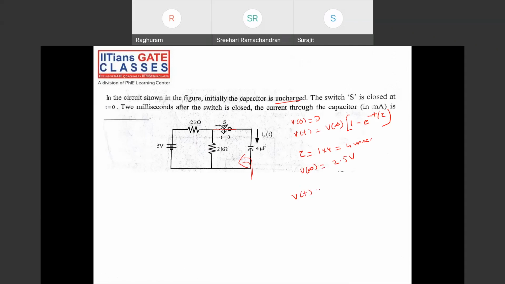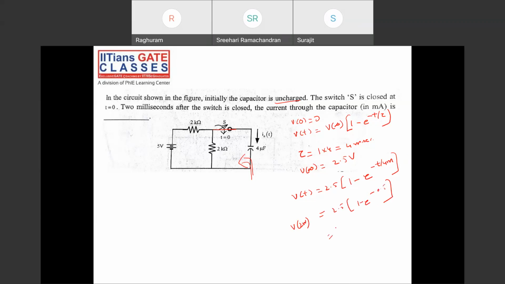So V of t will be 2.5 into 1 minus e power minus t by 4 milliseconds. t is given as 2 milliseconds. So V of 2 milli will be 2.5, 1 minus e power minus 2 by 4, which is half, 0.5.